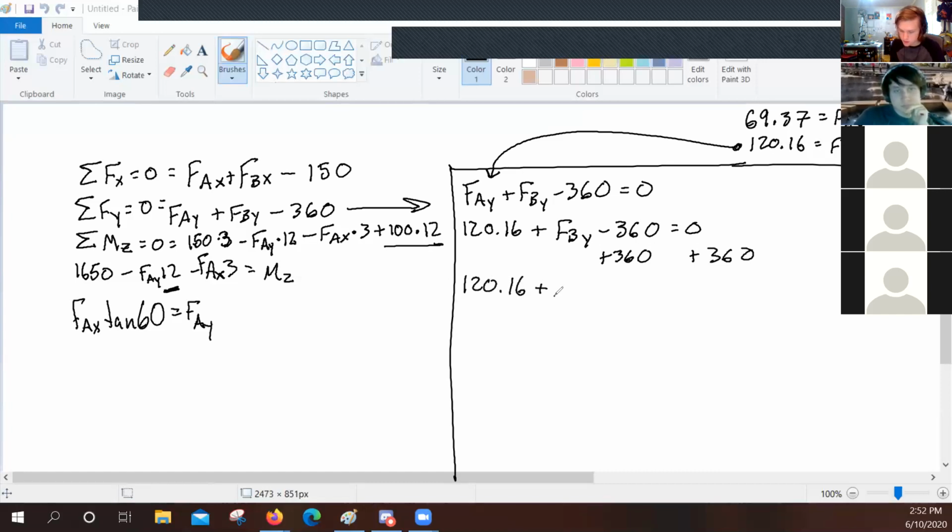And what that gives me is 120.16 plus Fb of y equals 360, because these sum up to 0 and this sums up to 360. And then I'm going to subtract this from both sides, so minus 120.16.